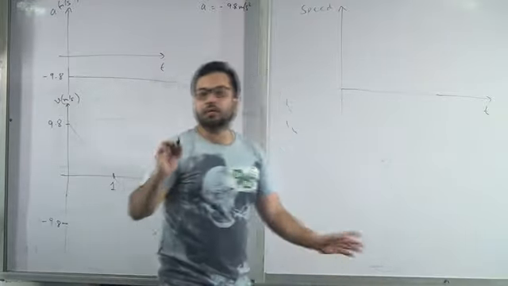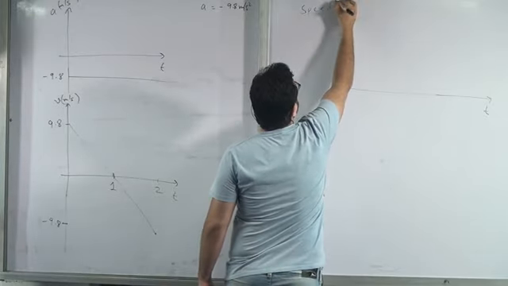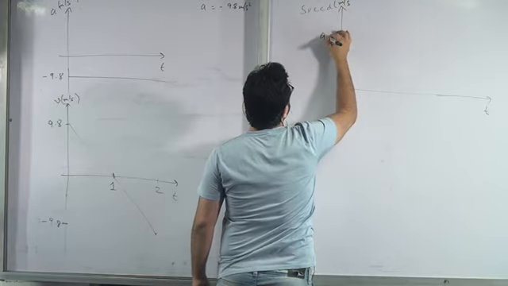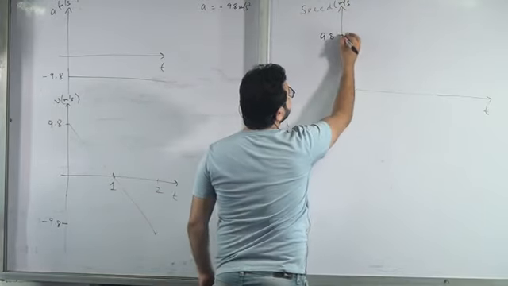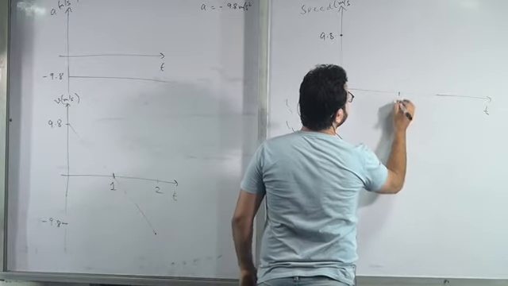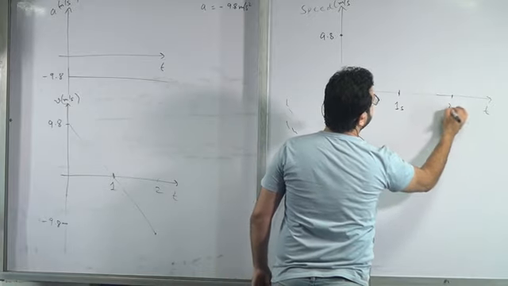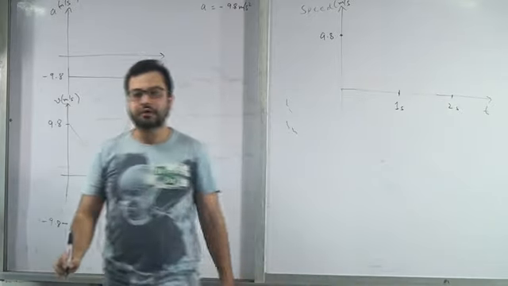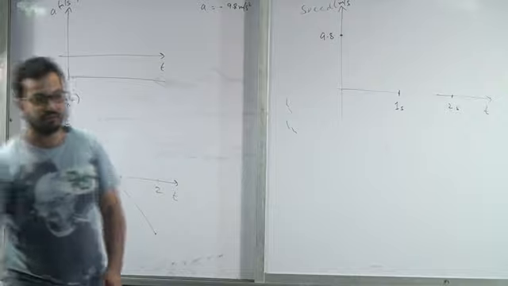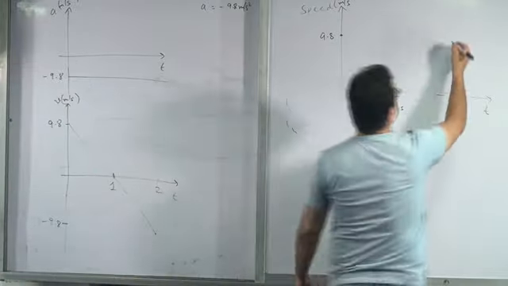Let's again start with what we know. When t was 0, what was the speed? 9.8 meter per second. At t equal to 1 second, what is the speed? 0. At t equal to 2 seconds, what is the speed? Why not minus 9.8? Because it is a speed. Speed is a scalar quantity.